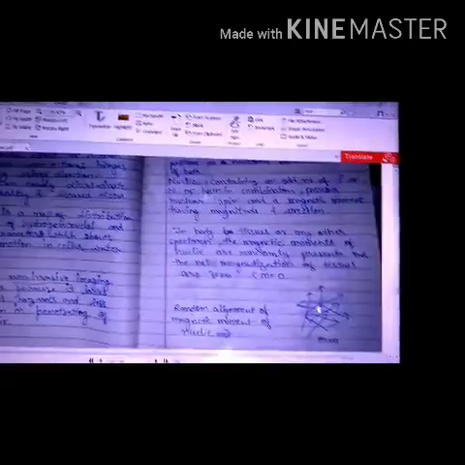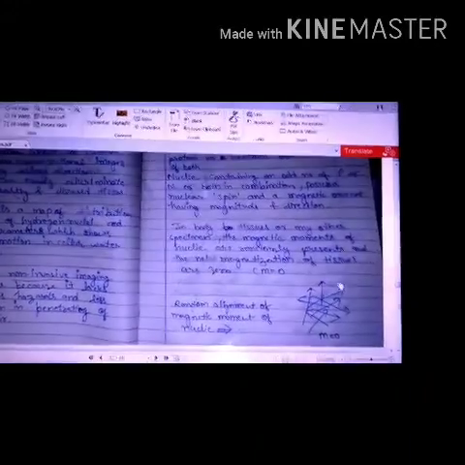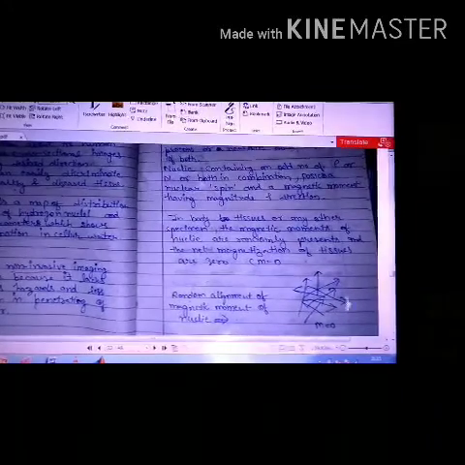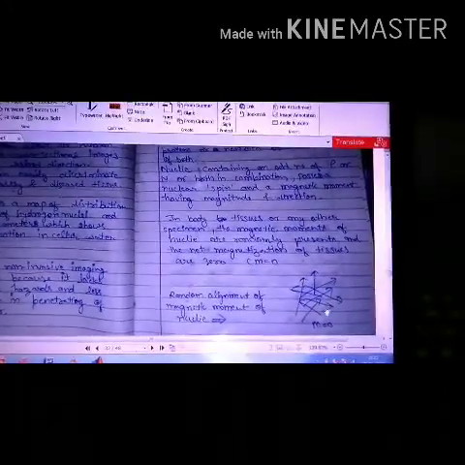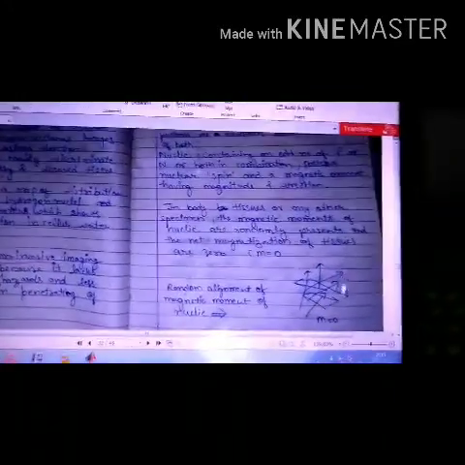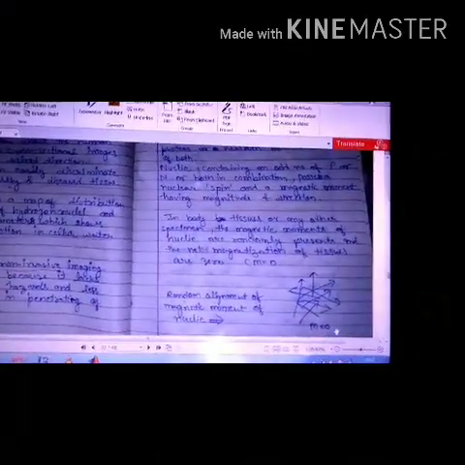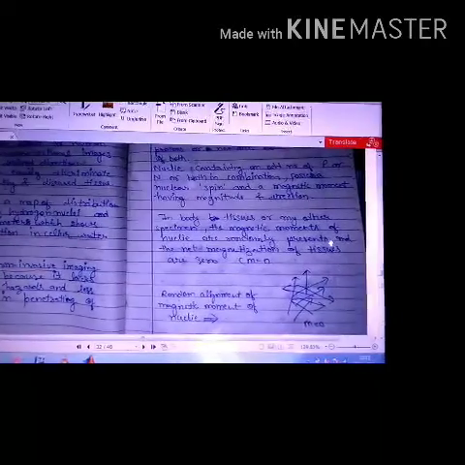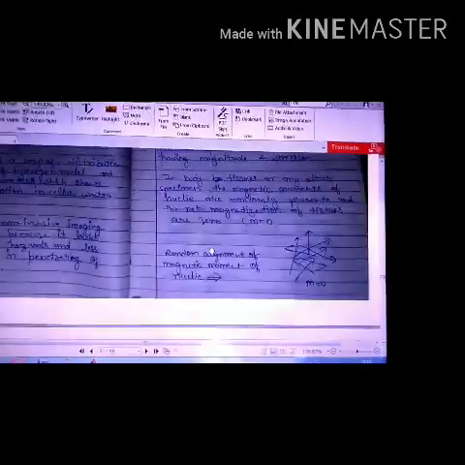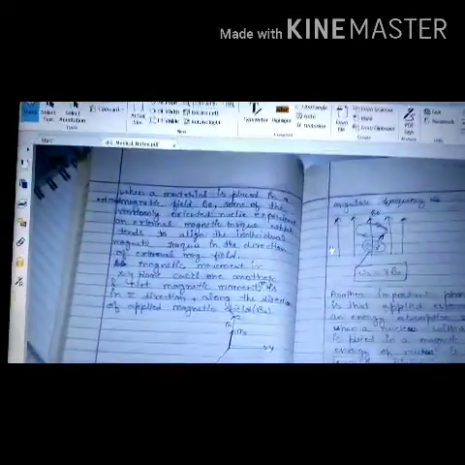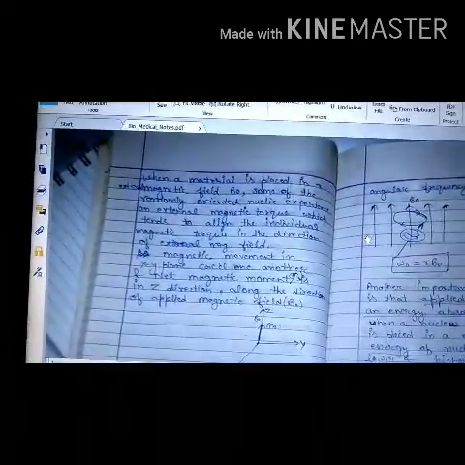Okay, so if we look, this is the random motion in which different nuclei are aligned with their magnetic moments. No magnetic moment is in the same direction, and because of this their net magnetic moment M is equal to 0. Okay, so what happens when a material is placed in an external magnetic field B0?